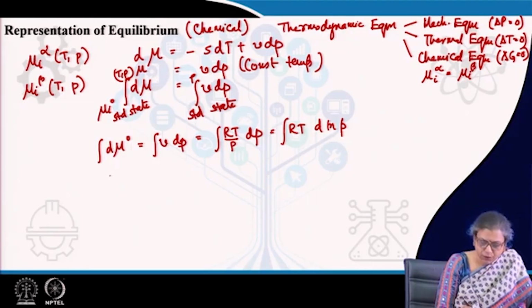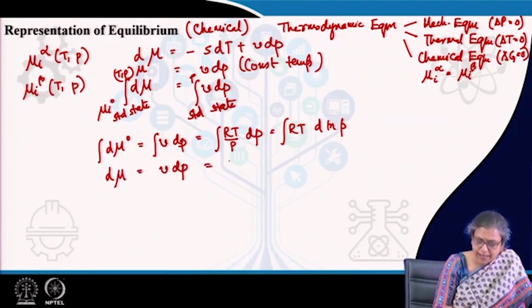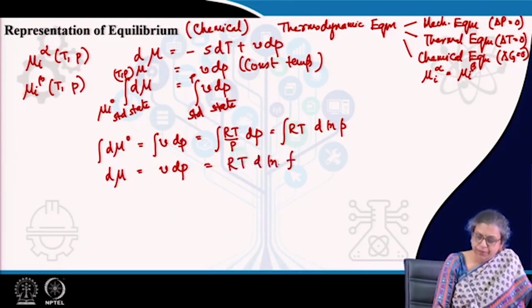In other words, for any substance, why do we not write this as integral RT d ln F, where we know that F becomes equal to P under the ideal gas state.